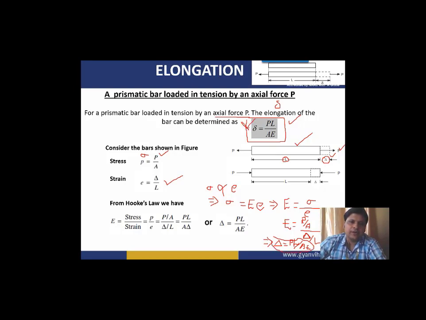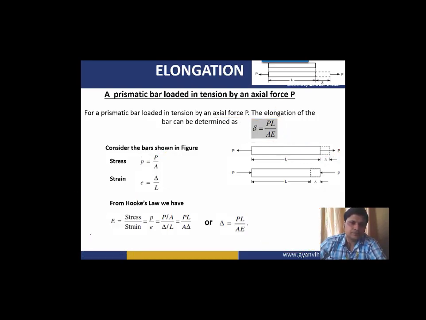If you have to calculate elongation, you calculate it by this formula: delta equals PL by AE, where P is the load applied, L is the original length, A is the cross-sectional area, and E is the modulus of elasticity.